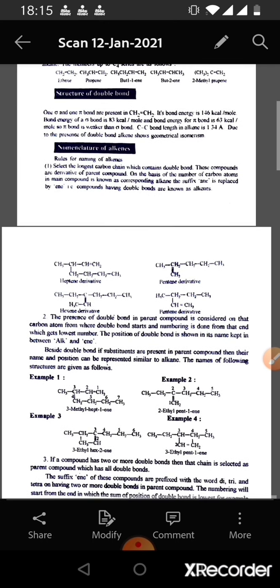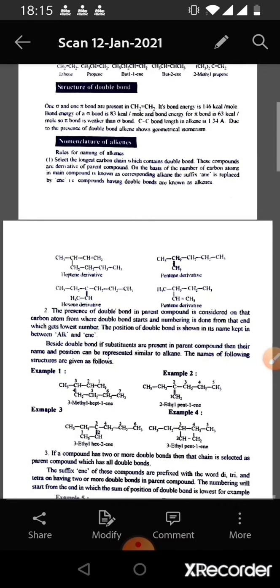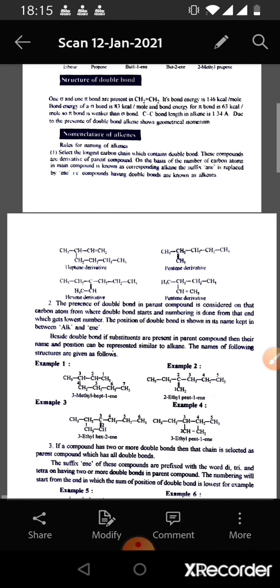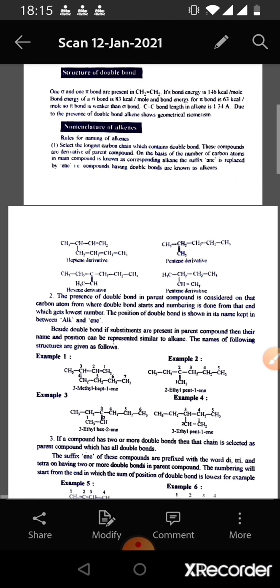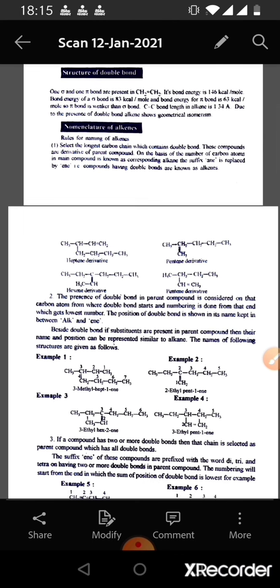Now we come to the nomenclature of alkenes. So let's discuss some rules. Select the longest carbon chain which contains the double bond. These compounds are derivatives of the parent compound. On the basis of the number of carbon atoms in the main compound, the suffix "ane" of the corresponding alkane is replaced by "ene". That is, compounds having double bonds are known as alkenes.